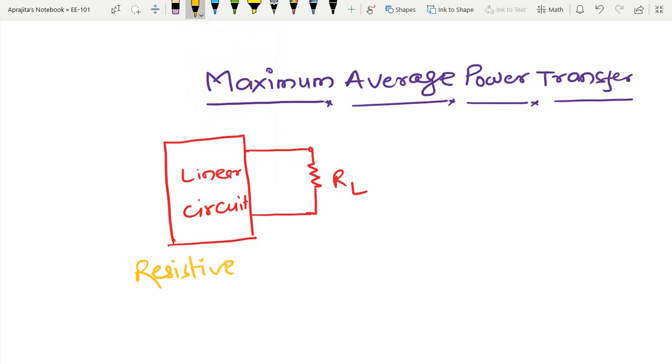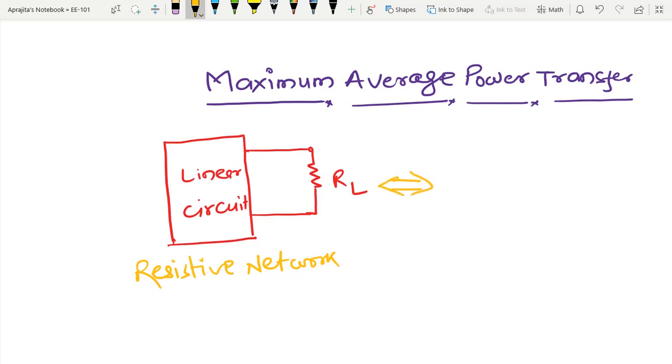This linear network is nothing but a resistive network, and in order to maximize the power delivered by this resistive network to RL, what we have done is first convert this circuit into an equivalent circuit.